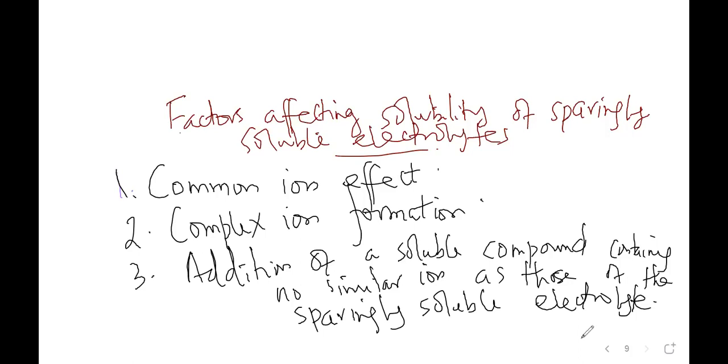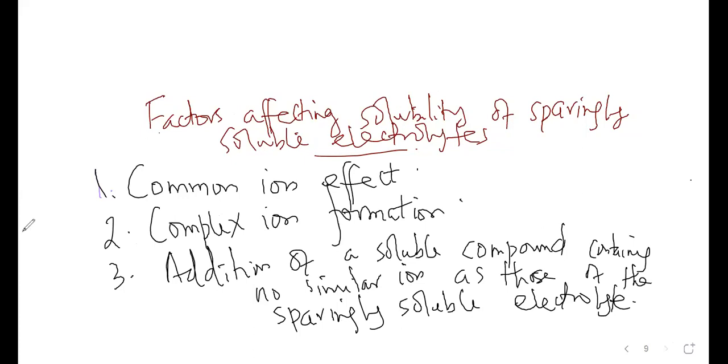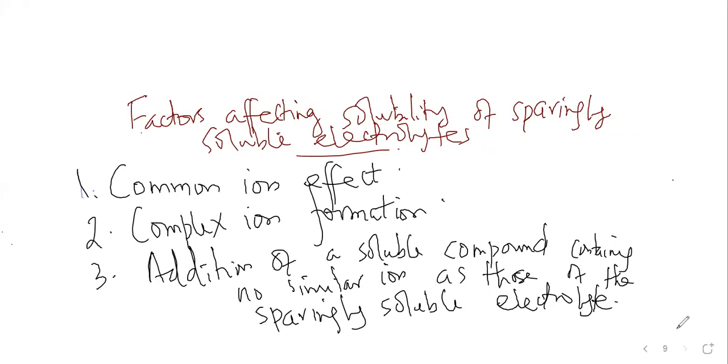Those are the three factors that affect solubility of sparingly soluble electrolytes. However, in this lesson, I'm going to look at only the first one. We shall look at the other two in our next lessons.